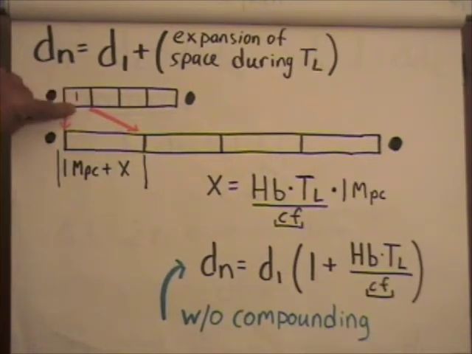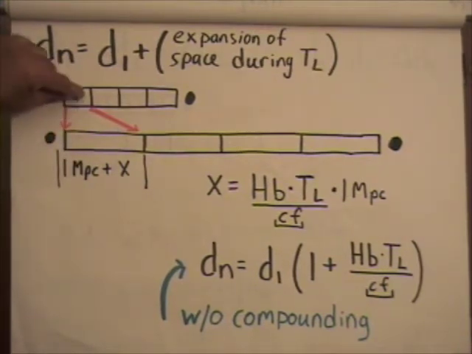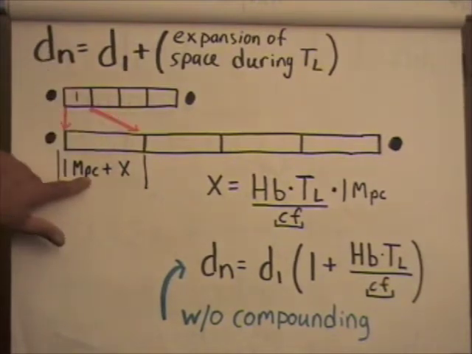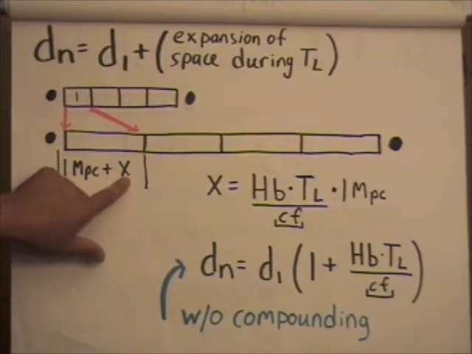Now, for each megaparsec, this question really amounts to this. 1 megaparsec expands to 1 megaparsec plus x, the amount it expanded. And how much did it expand?